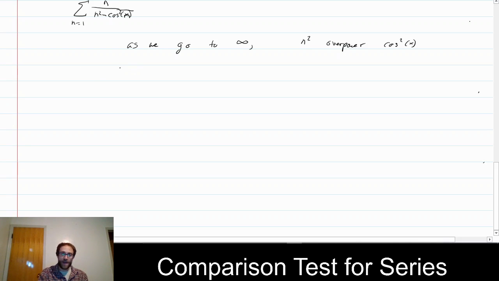So what we essentially have then, as we get really, really big, is the sum from 1 to infinity of n over n squared, which is the same as the sum from 1 to infinity of 1 over n, which we know diverges because either the integral test will tell us that it diverges, or the p-series test, or we can just know that the harmonic series diverges.